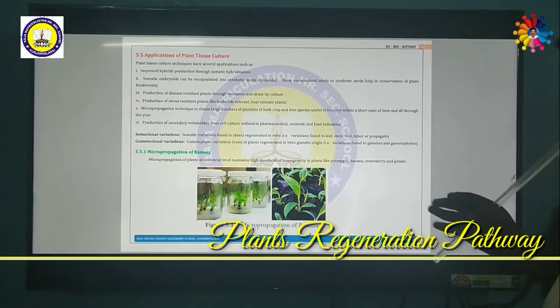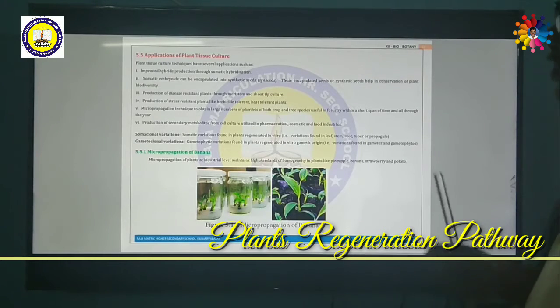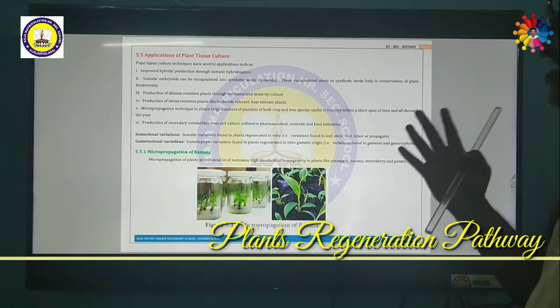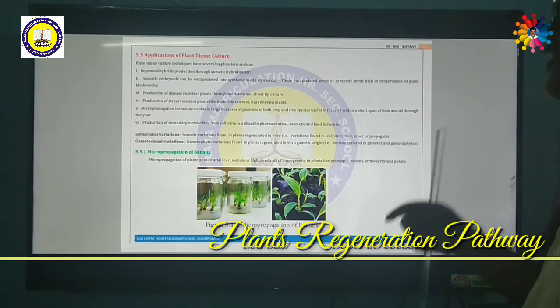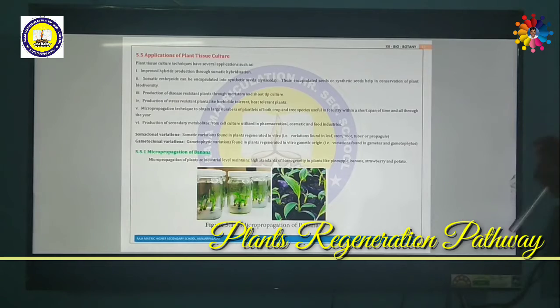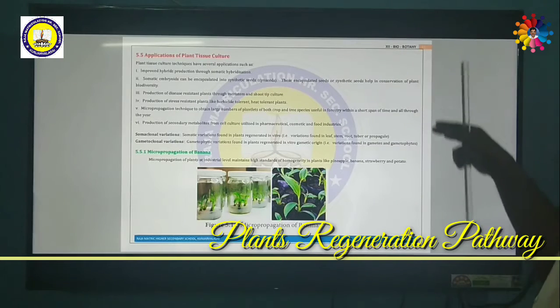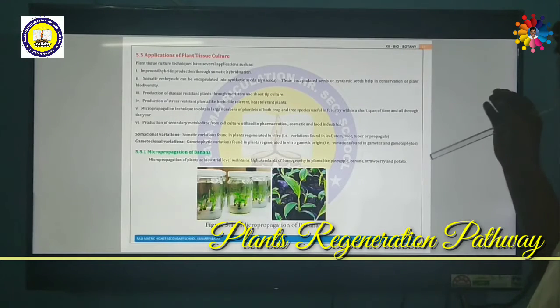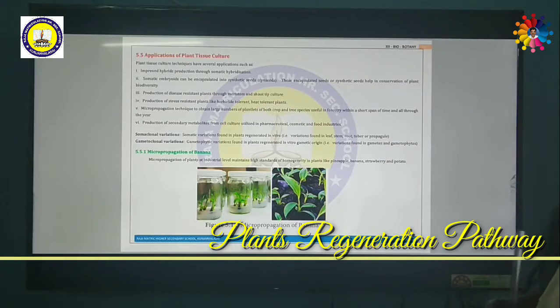Improved hybrids can be produced. Somatic embryos can be encapsulated into synthetic seed, artificial seed or syn seed, with the help of agarose gel or calcium alginate. With the help of it we can produce artificial seed.